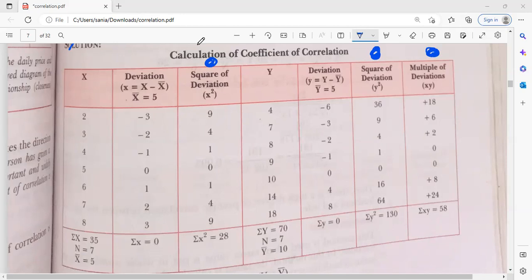Okay, now put it in the formula and get the answer. Okay, you put it? Okay, do it.